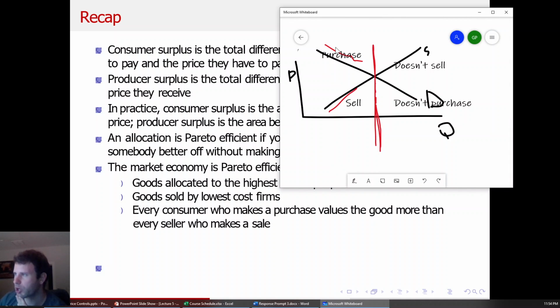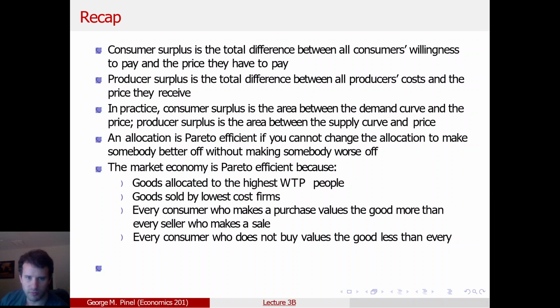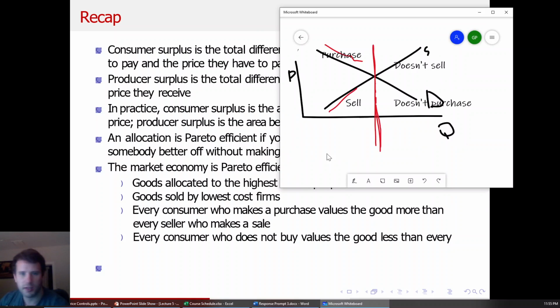So everyone who purchases values the good more than everybody who sells it. They have a higher willingness to pay than the cost of the seller. Everybody who purchases has a higher willingness to pay than everybody who doesn't purchase. Everybody who sells has a lower cost than everybody who doesn't sell.